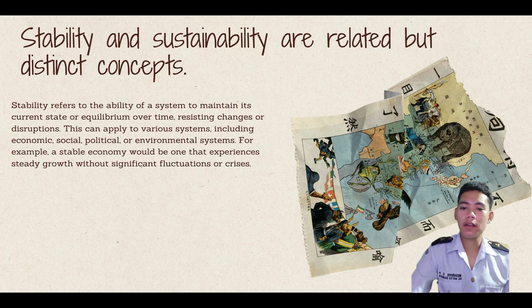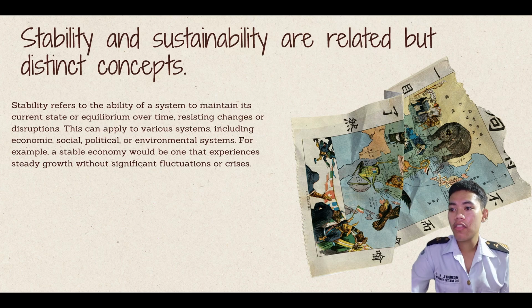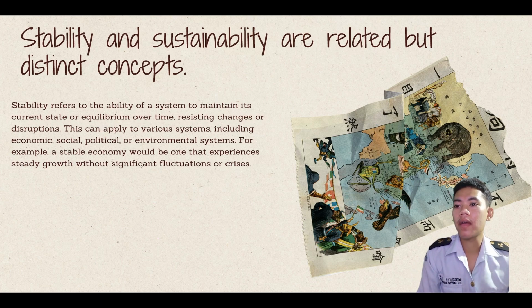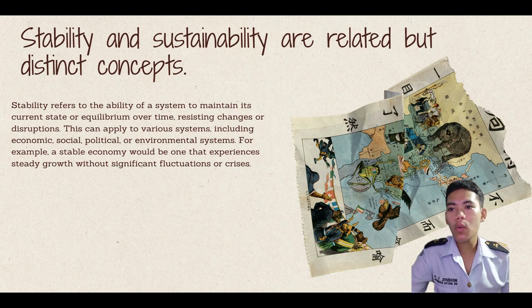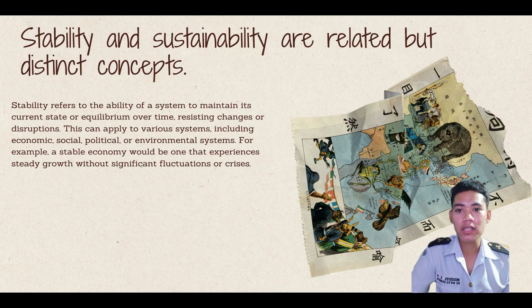In short, this means things staying the same and not changing too much, like a bike that is balanced and not wobbling. In different areas like money, people, rules, and nature, stability means they are not suddenly changing a lot.